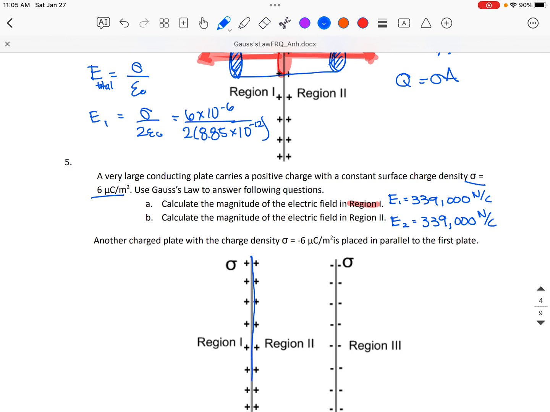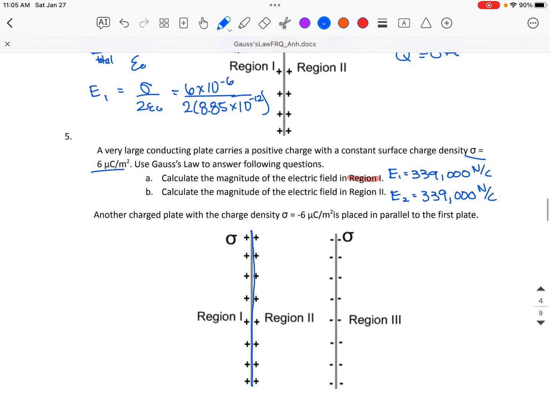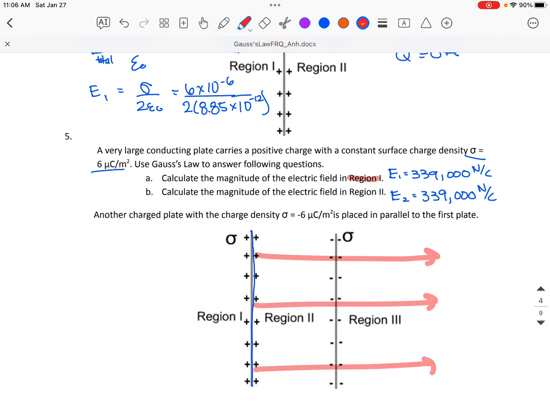So for this one, I already know that it's got an electric field, and let me use my electric field lines this way, of 339,000. And it's going to be the same on the other side, 339,000 newtons per coulomb on the other side.